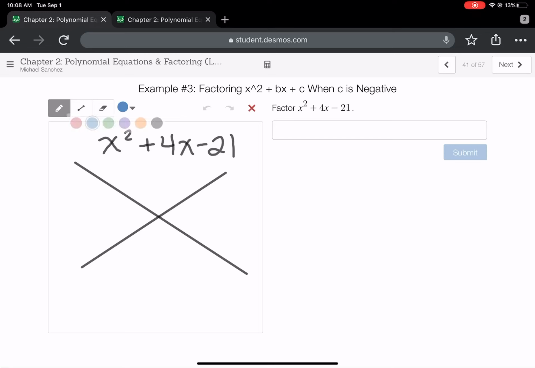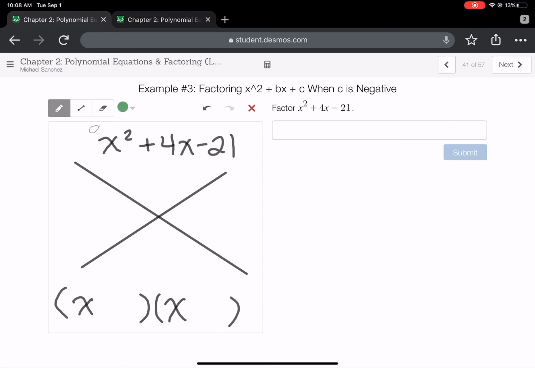Next example, we have a polynomial here that has the c value as negative. So you're going to see that that's also going to change something in our figuring out our factors.